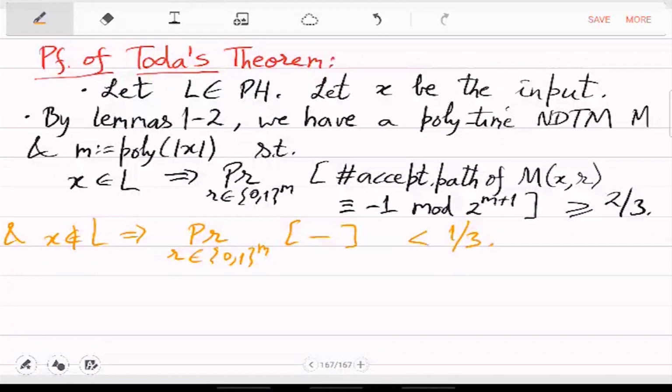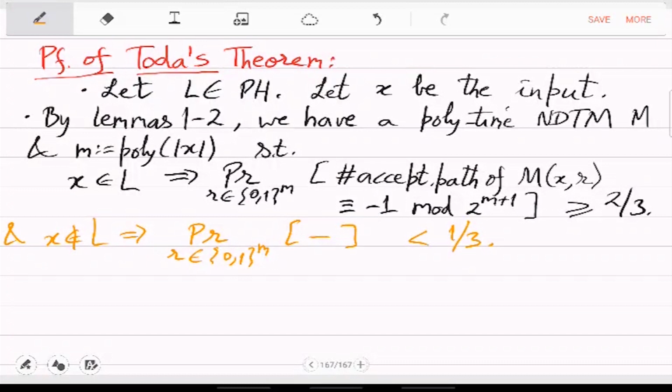So depending on yes and no, the number of r's will drastically change. For the yes strings, it's 2/3 of r's. For the no string, it's at most 1/3 of r's such that the number of accepting paths of M(x, r) NDTM is -1 mod the high modulus.